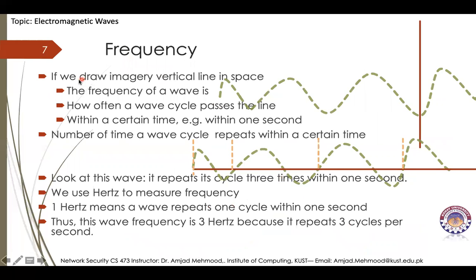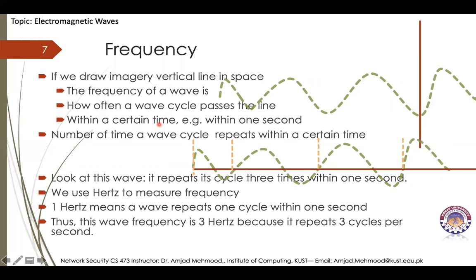Now, frequency. If we draw an imaginary vertical line in space, like this line is drawn, and this wave is passing through this vertical line, the frequency of a wave is how often a wave cycle passes through the line within a certain time.